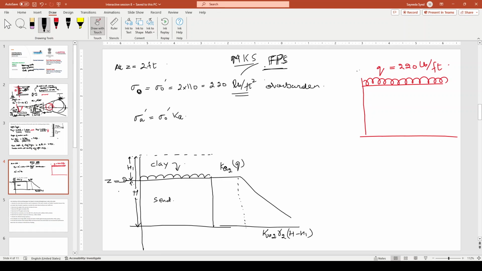This is used in some Western countries. The example question that I'm taking from uses the FPS system. That is why I did not want to change it. I could have changed the values, but I thought let us move on like this. Okay.